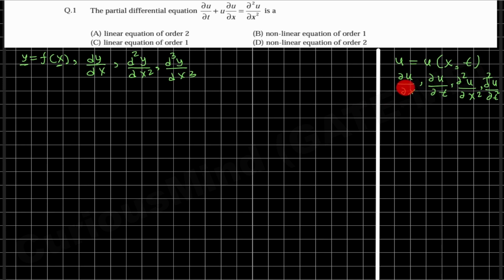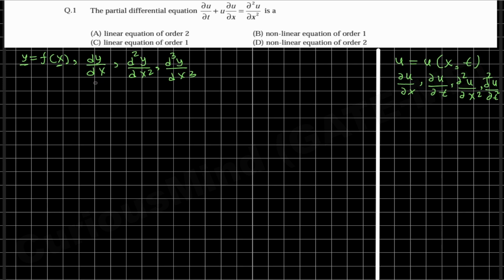Similarly, the order of first partial derivative is 1. The order of this partial derivative, first partial derivative, is also 1, and the order of second partial derivative is 2, and the order of this second partial derivative is also 2.